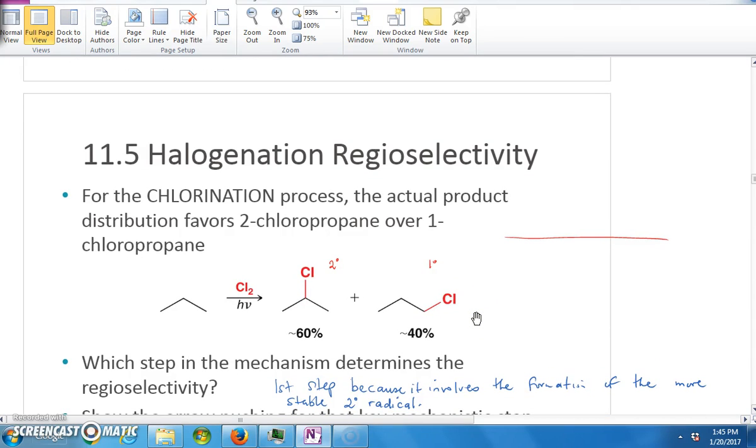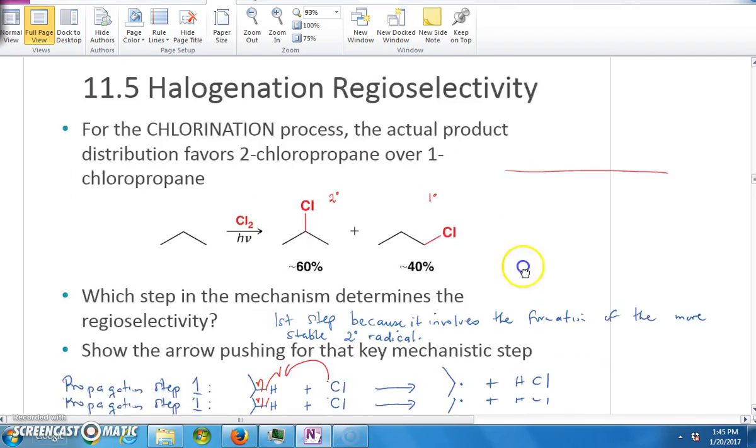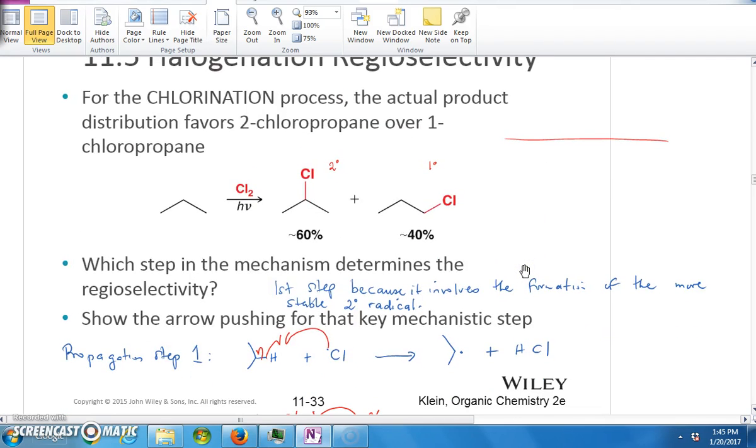Now, for the chlorination process, the actual product distribution favors 2-chloropropane over 1-chloropropane, and the reason is because of the difference in activation energy for the formation of both types of alkyl halides. Now, which step in the mechanism determines the reduced selectivity?